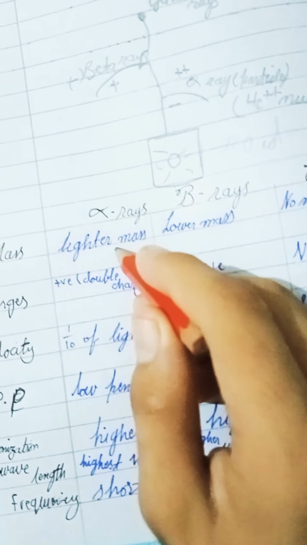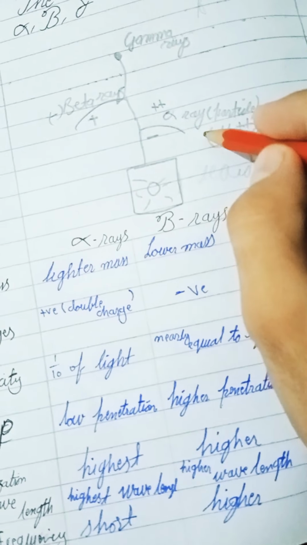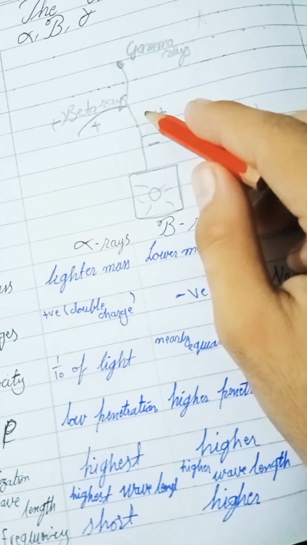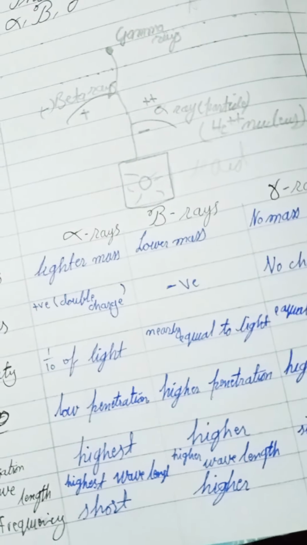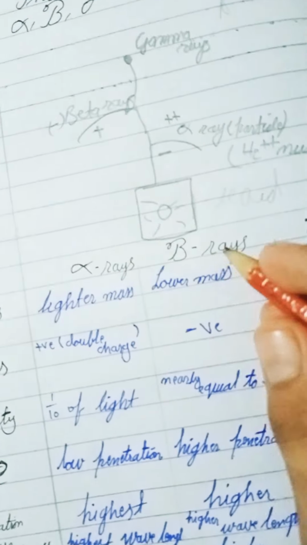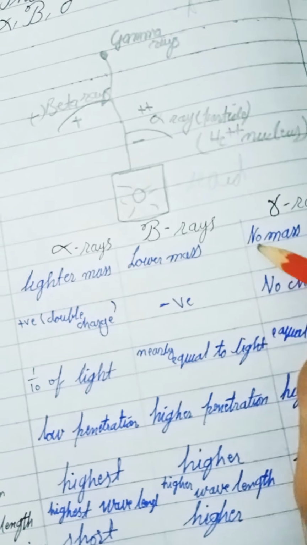Alpha rays have high mass; here it bends earlier than beta and gamma. So here we have written higher mass, and beta rays were second to fall down, so lower mass, and gamma rays have no mass, we know.